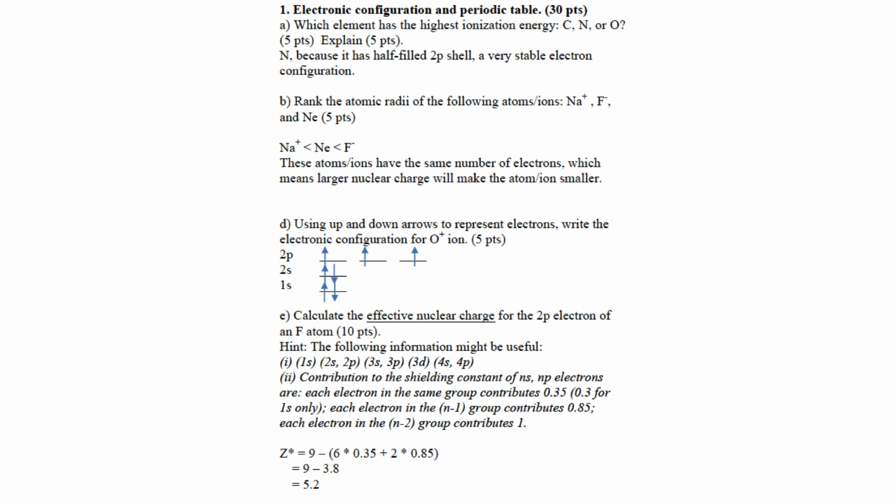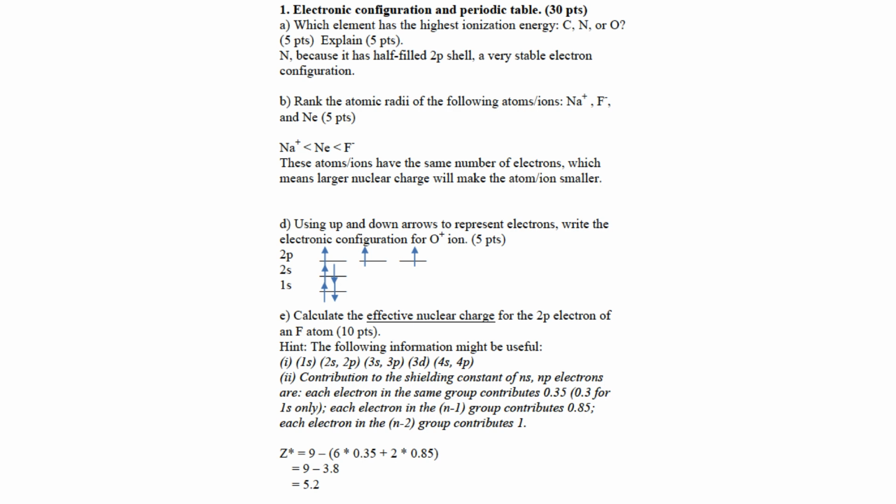The second question is also pretty easy. It's about how the nuclear charge impacts atomic radii. All those three species have the same electronic configuration, but they have different number of nuclear charge. Okay, so in this case, higher nuclear charge would produce a smaller atomic size.